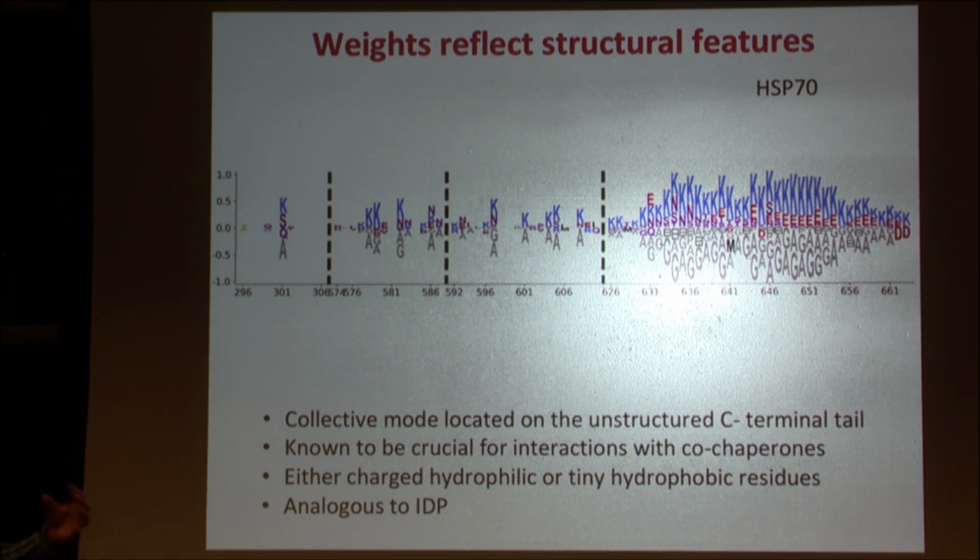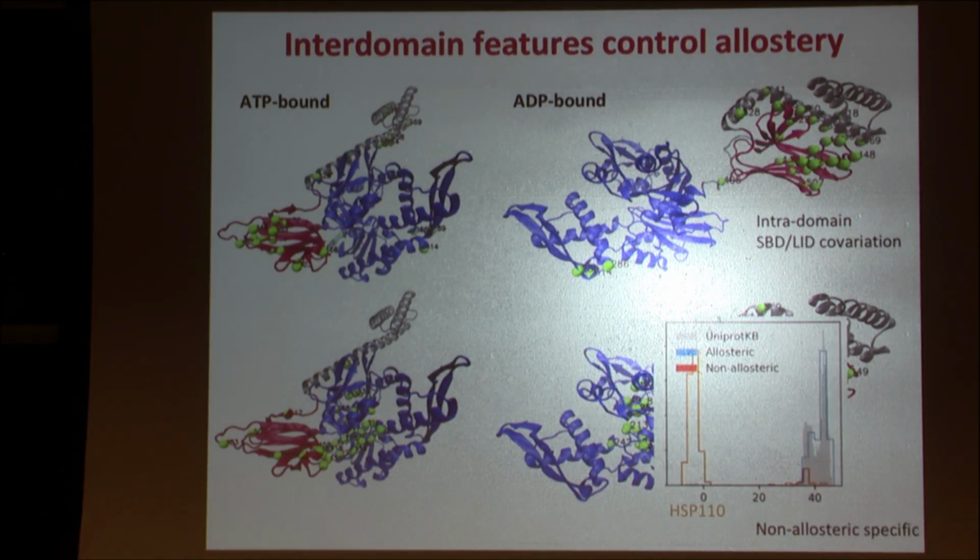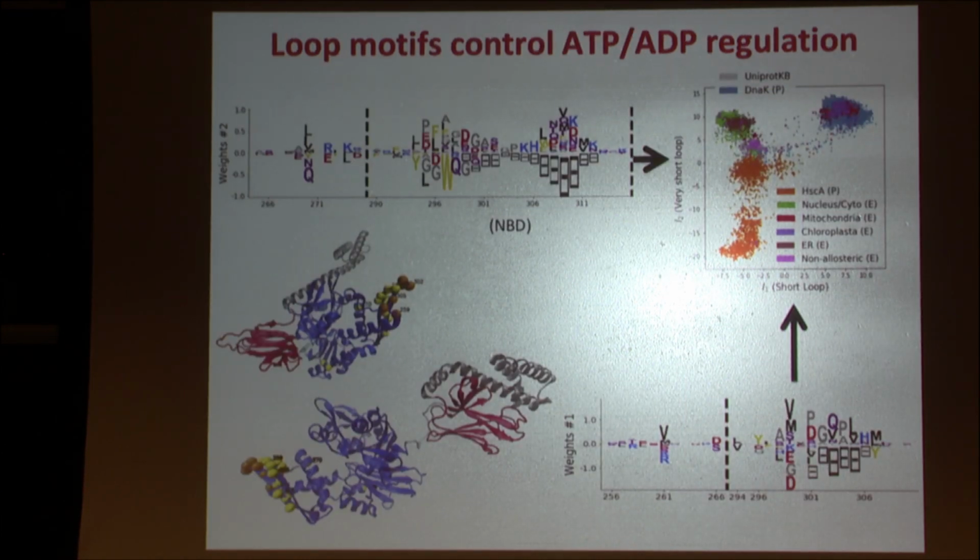And it's known that the tail of a protein is very important to interact with other proteins. You can have a dimeric association, for instance, or interact with other factors which are important for the regulation of the chaperone. So you can see a lot of modes like that, corresponding, for instance, to allosteric changes and so on. I don't have time to explain, but if you're interested, I can explain this mode to you in detail.